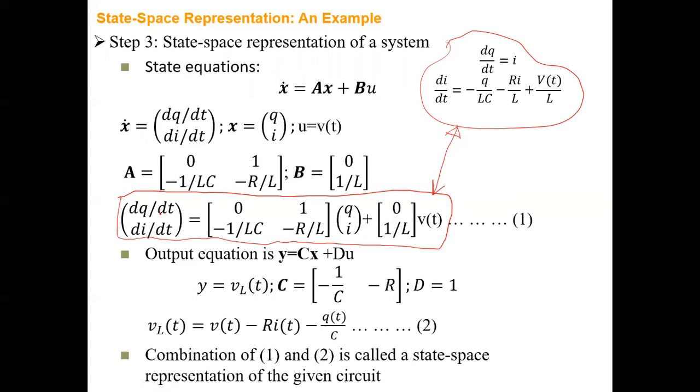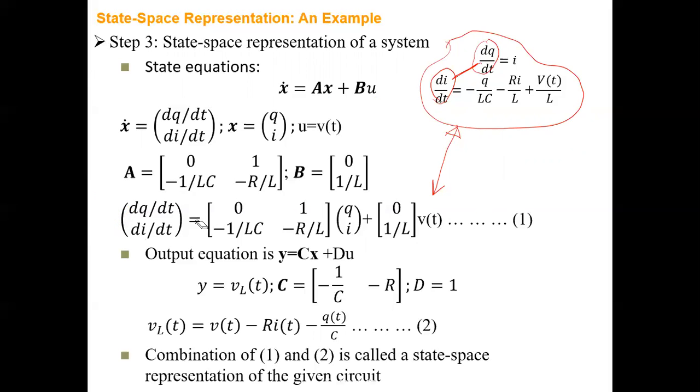What did I do? I have dq over dt, then you have di over dt. These two on the left hand side, dq over dt and di over dt, are the two elements of this vector. Vector meaning you have a, b. Your a is this, b is this.